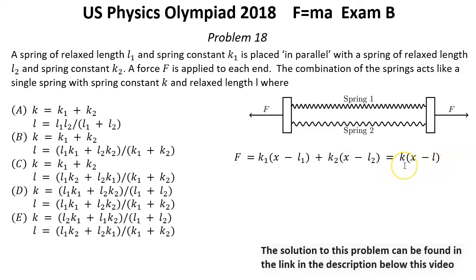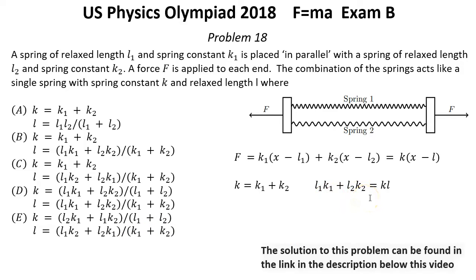We just need to equalize the coefficients of the polynomial with x and the free member with the zero power. From here we can find that the coefficient K just equals K1 plus K2, and the free member gives us this expression.